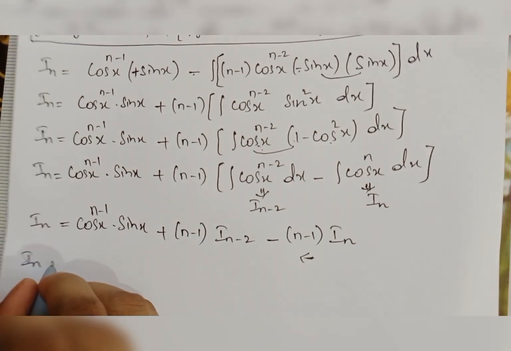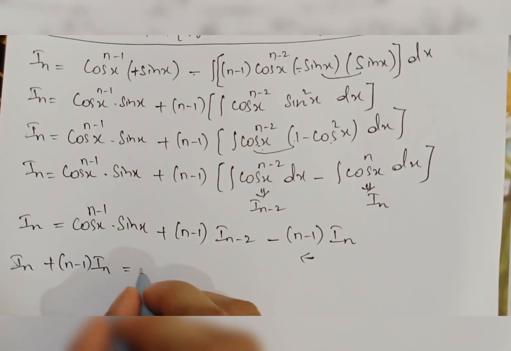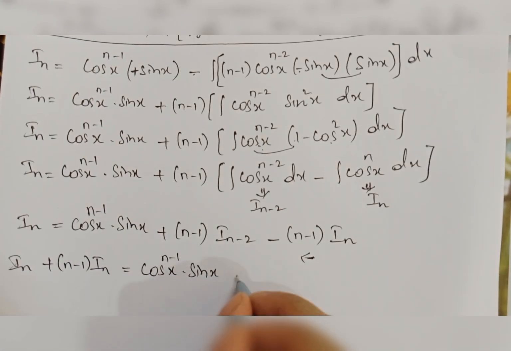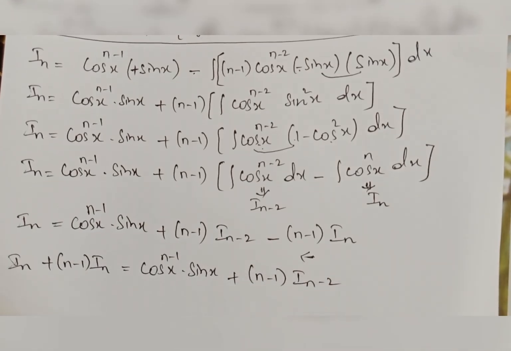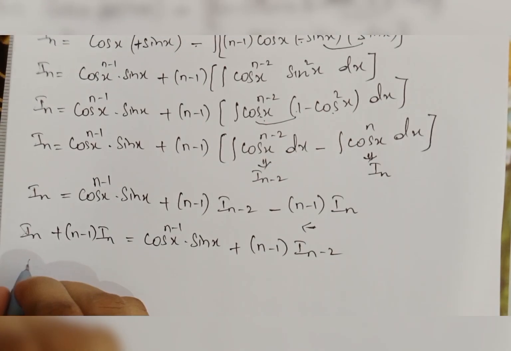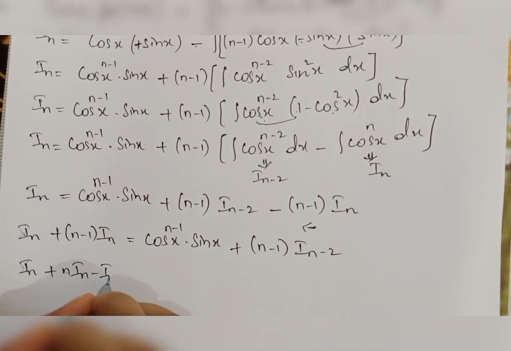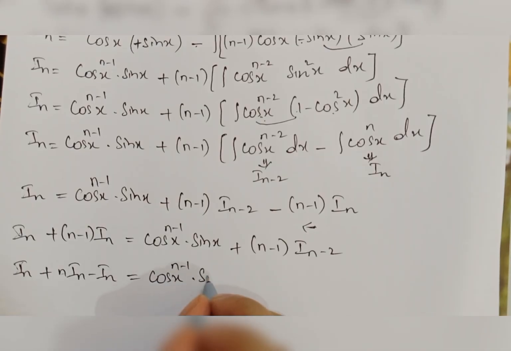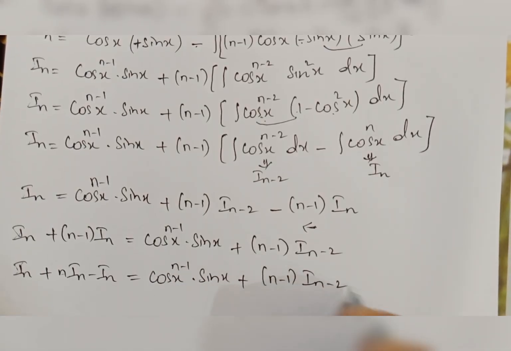Transposing this term to that side, we will get In plus n minus 1 into In is equal to cos x power n minus 1 into sin x plus n minus 1 into In minus 2. So multiplying In inside, it is again In plus n In minus In is equal to, here everything will be remaining same, into sin x plus n minus 1 into In minus 2.